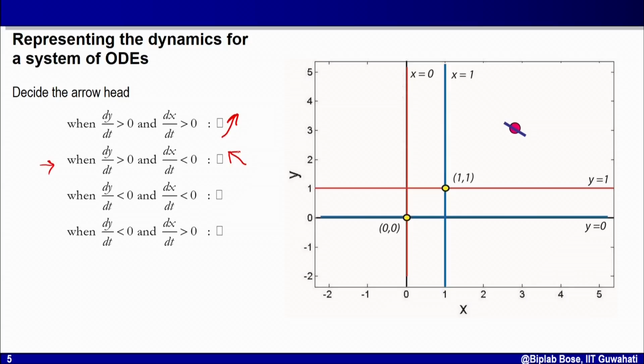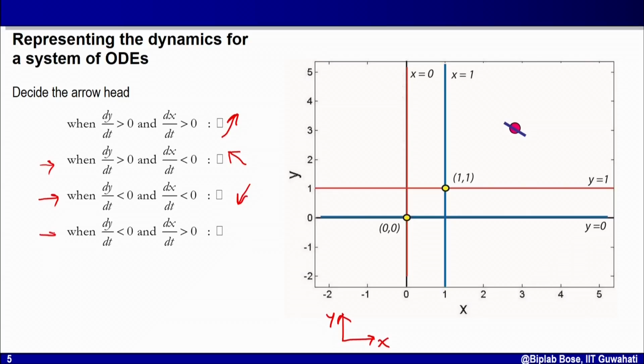So y is increasing, x is decreasing. Remember, in my plane, I have x on the horizontal axis and y on the vertical axis. When dy/dt is less than 0 and dx/dt is also less than 0, that means with time both y and x will decrease, so I can have an arrow in this direction.